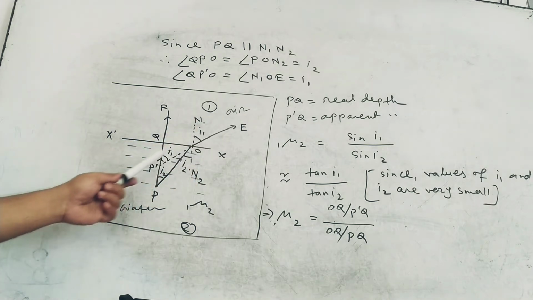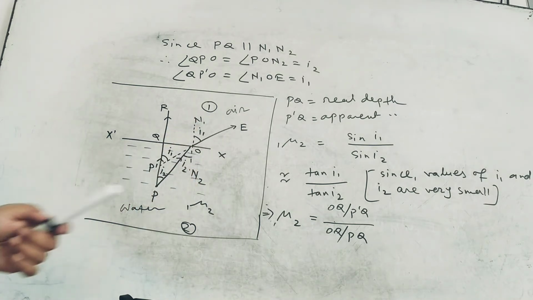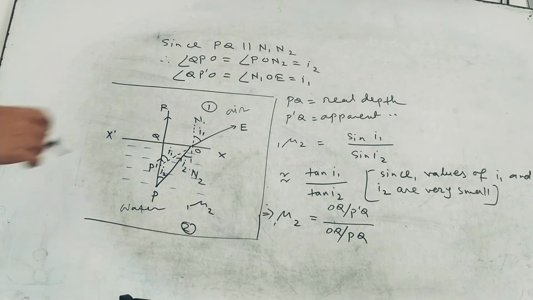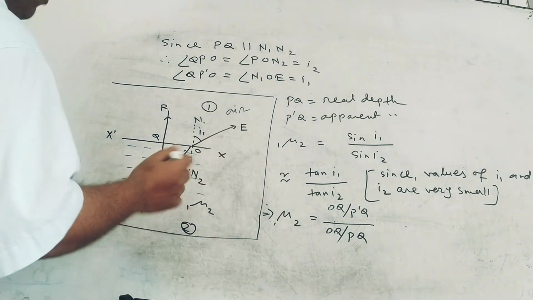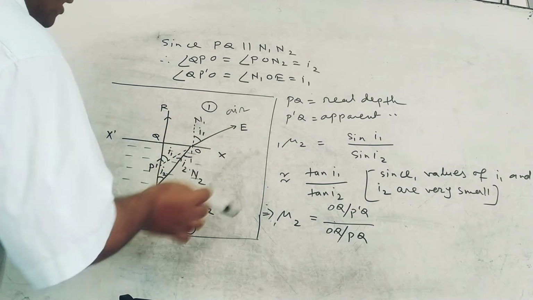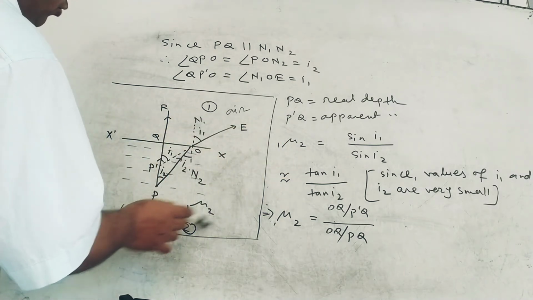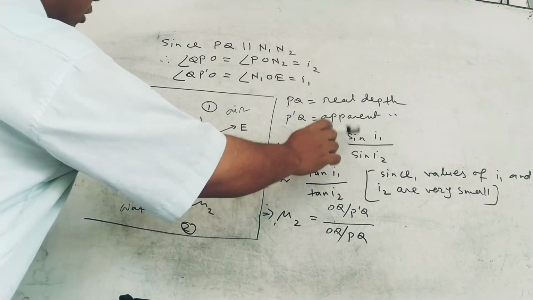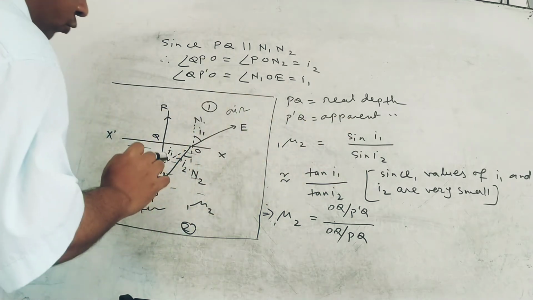PQ is the real depth and P prime Q is the apparent depth. We know 1 mu 2, that is the refractive index of the second medium with respect to the first medium, the refractive index of the denser medium with respect to the rarer medium, is equal to sin I1 by sin I2.